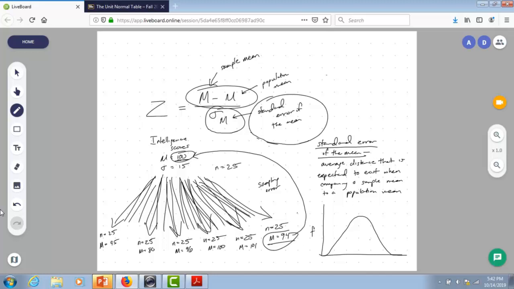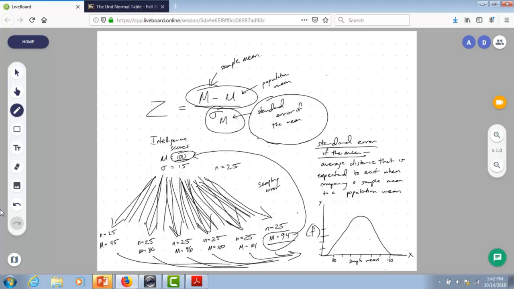You can imagine that the frequency would be on the y-axis and the sample means would be plotted down here on the x-axis, spanning from 80 to, say, 110.